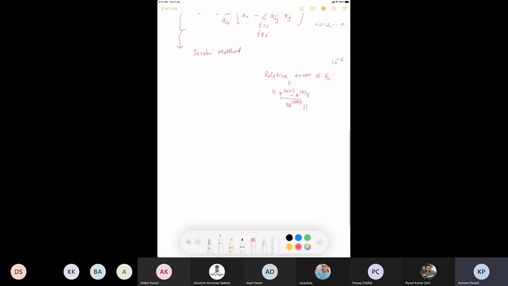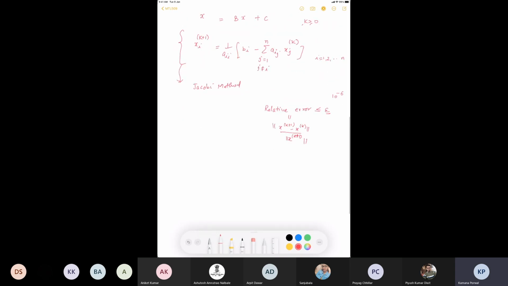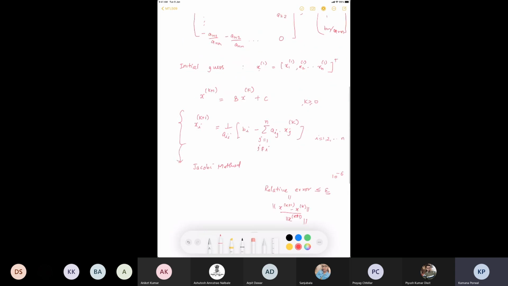Then we also obtained how the error behaves for this method.